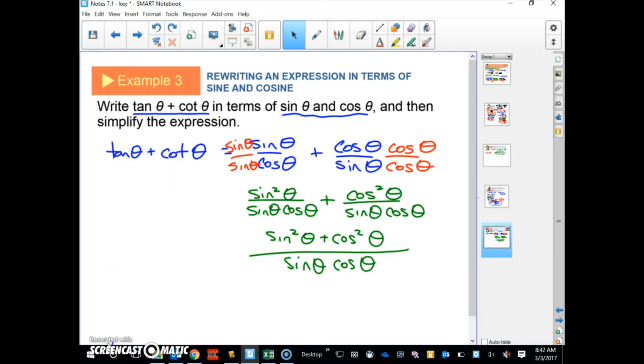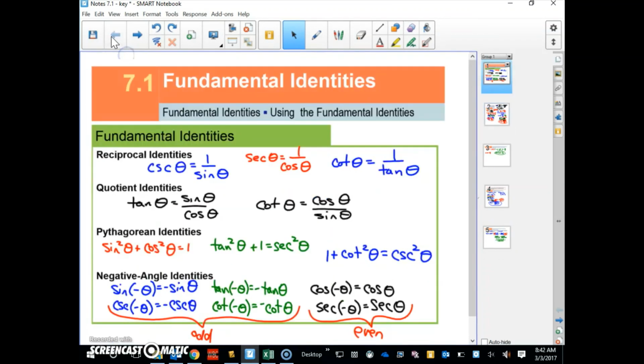Now, something hopefully at some point should pop out to you. That sine squared theta plus cosine squared theta is a very common formula that we'll see. Go back and look at your identities. Sine squared theta plus cosine squared theta. Where have you seen that before?